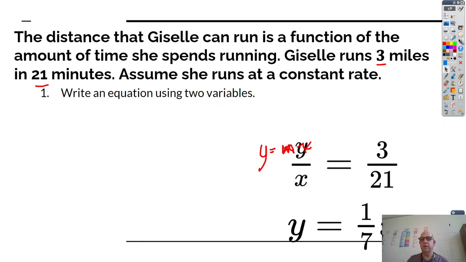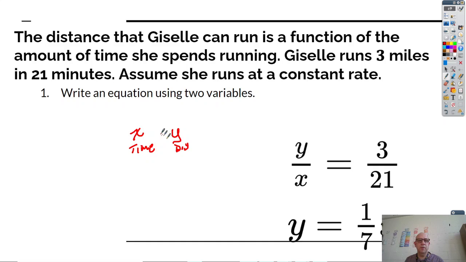To write that, we start out with x and y, right? If x is time and y is distance, then she runs 3 miles in 21 minutes, or it takes 21 minutes to run 3 miles, then I can say y divided by x is 3 divided by 21. 3 divided by 21 is 1 over 7.